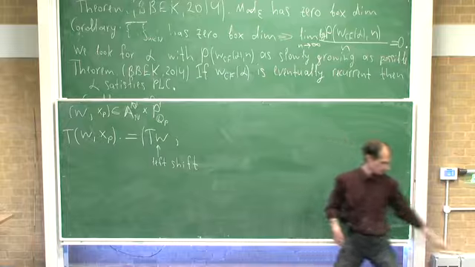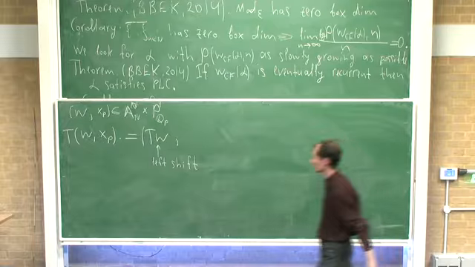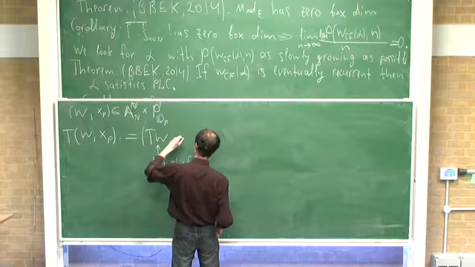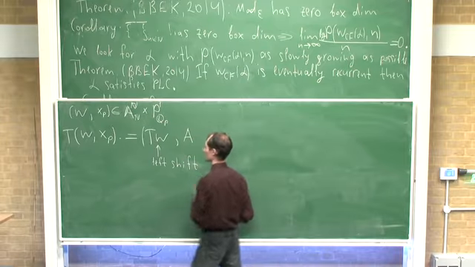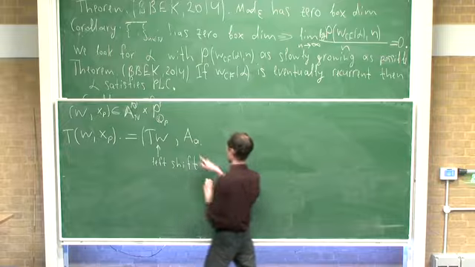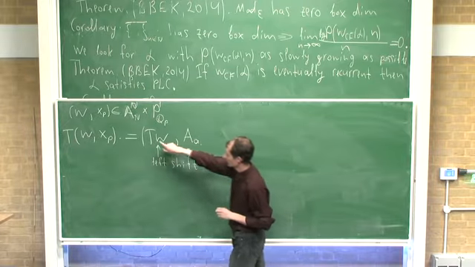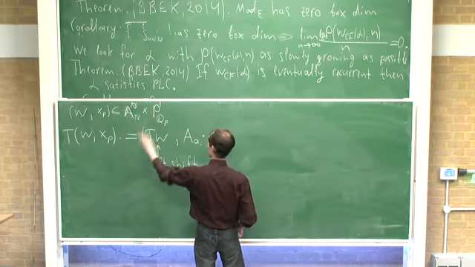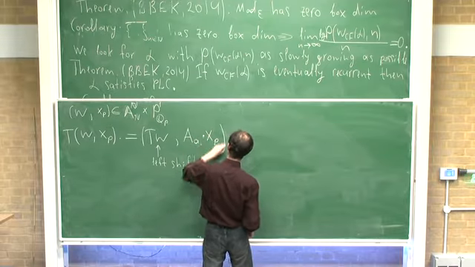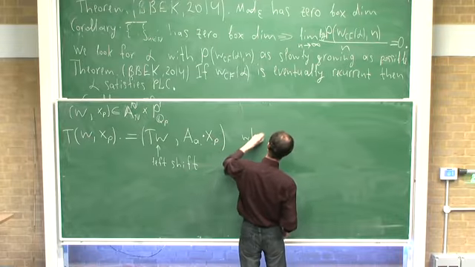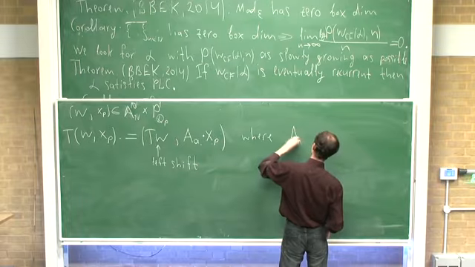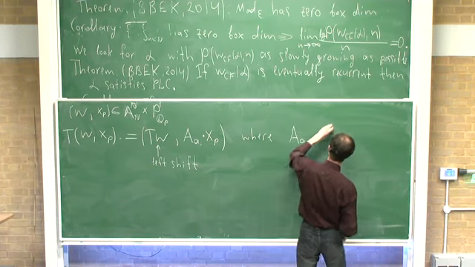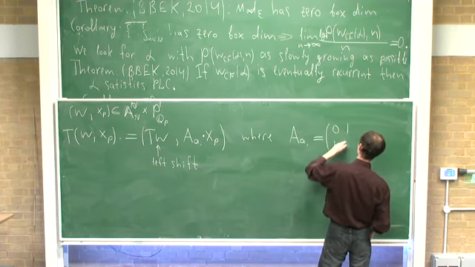Here it's slightly different. We take some matrix dependent on the first letter of W and multiply it by XP, where A1 is defined as the matrix (0, 1; 1, A1).